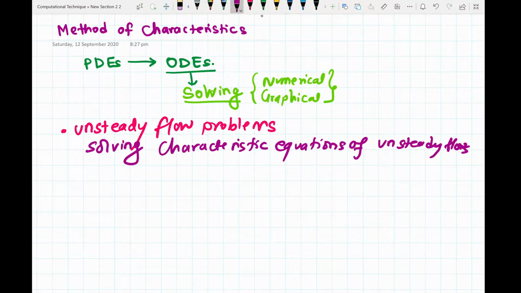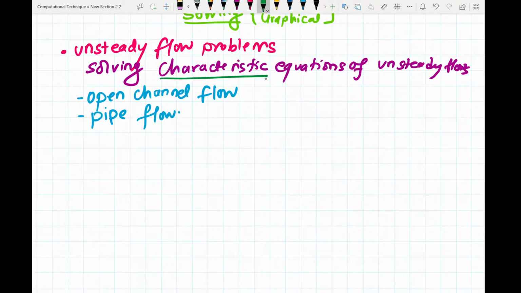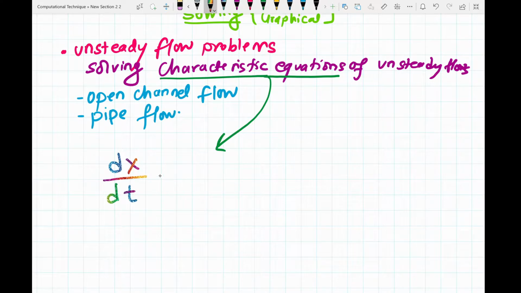The examples of unsteady flow may be in open channel flow or in pipe flow. Now what do you mean by characteristic equations? So these equations are in the form dx by dt equals v plus minus c.